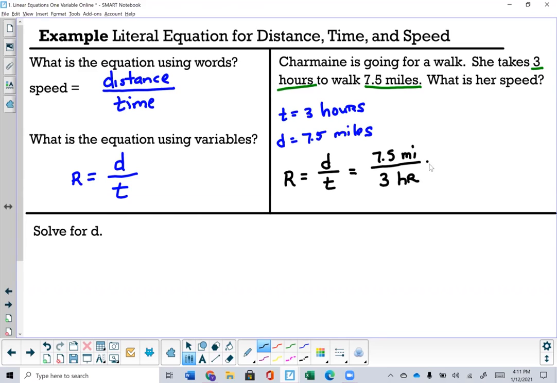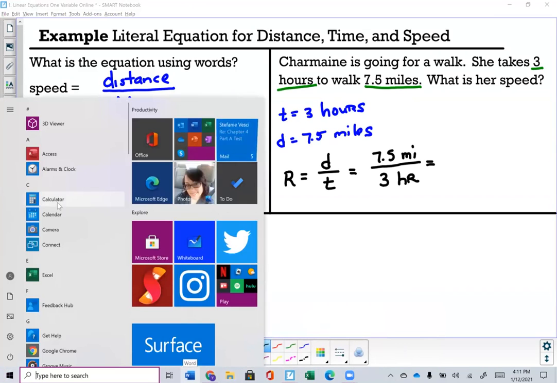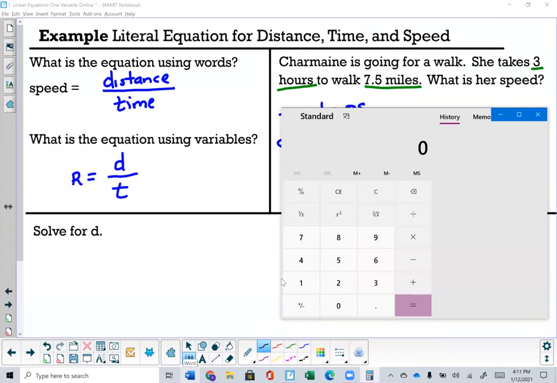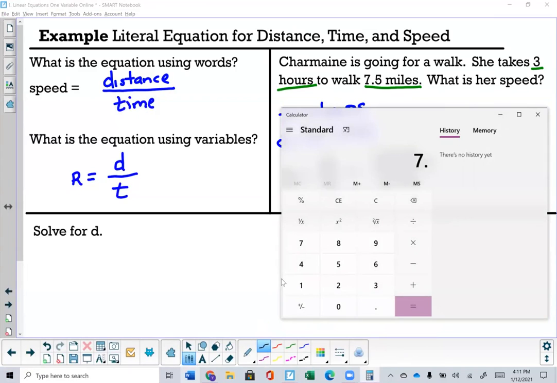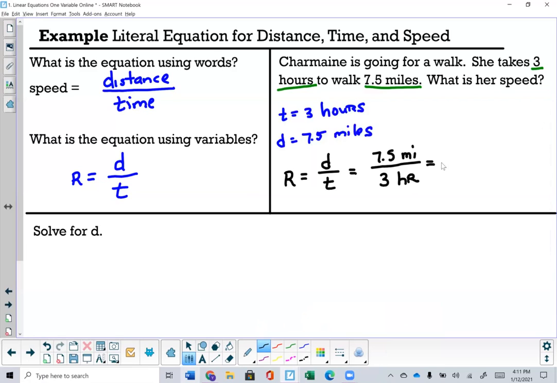So if you divide that, 7.5 divided by 3, we get 2.5 miles over hours.